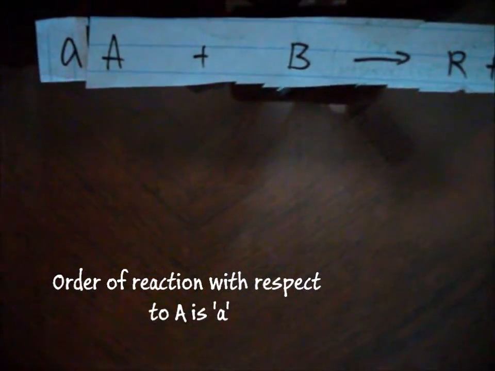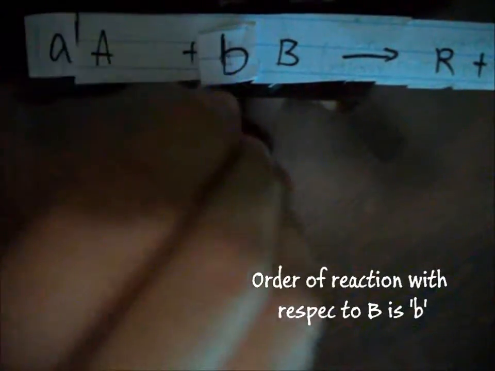Before we proceed to solve the problem, let us first talk about the overall order of reaction, using an example stoichiometric equation of reactant A plus reactant B forming product R plus S. Since we are talking about order of reaction, we do not care about the products, only the reactants. The order of reaction with respect to A is denoted by small a, and the order of reaction with respect to B is denoted by small b.